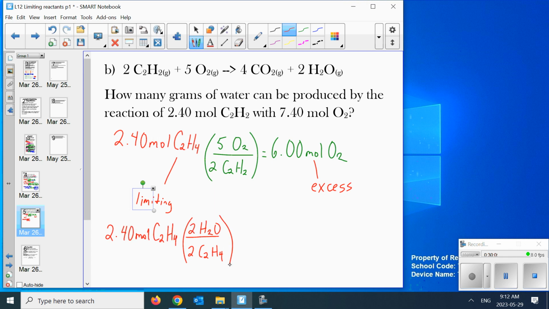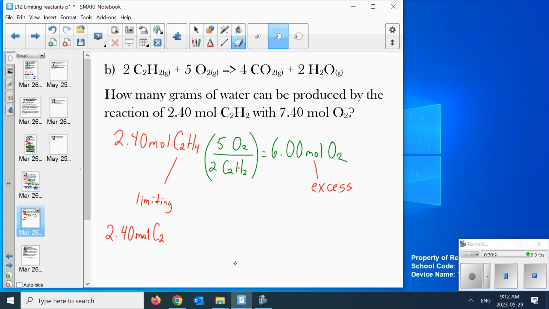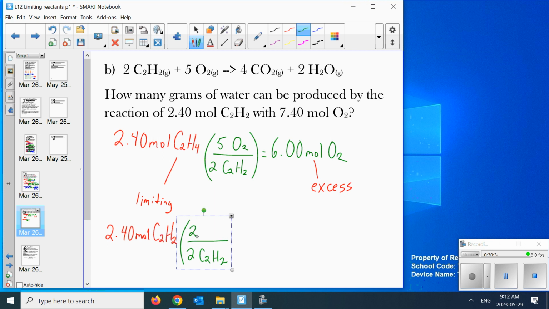I did it in green, I usually do that in yellow. Oh well, I'll just erase it anyway because I screwed up. I'm still thinking about the last problem. So two groups of C2H4 make two waters.